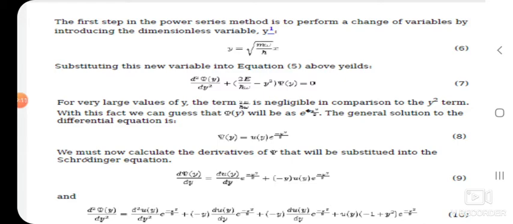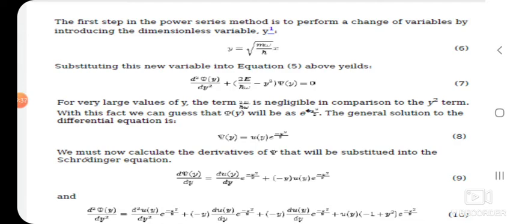For a very large value of y, the term 2E by h cross omega is negligible because the minus y square term is there. For very large y, 2E by h cross omega tends to 0, or it is negligible as compared to y square.